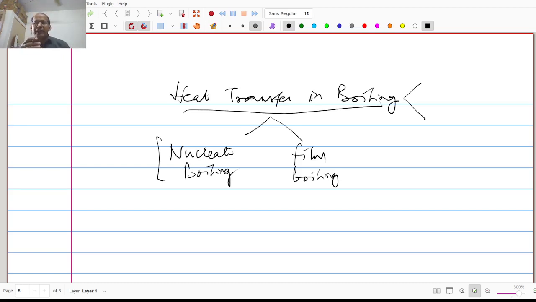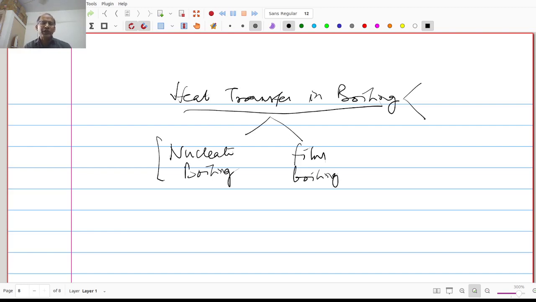So micro imperfections, or even macro imperfections on the surface, become the nucleation points, the points at which the first vapor bubble arises, and this vapor bubble then grows in size, and once it is large enough to be either taken away by buoyancy or swept away by the flow on top of it, the bubble detaches itself from the surface and goes into the bulk of the liquid, and a fresh nucleation again starts in the nucleation site.